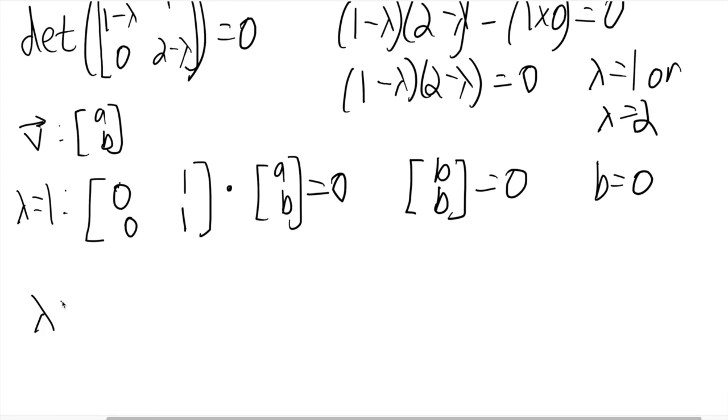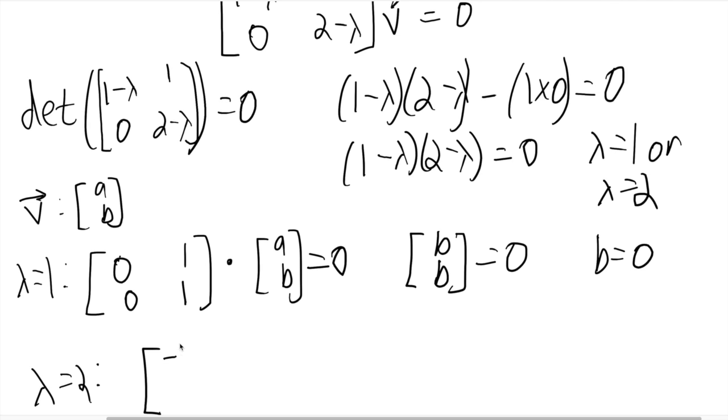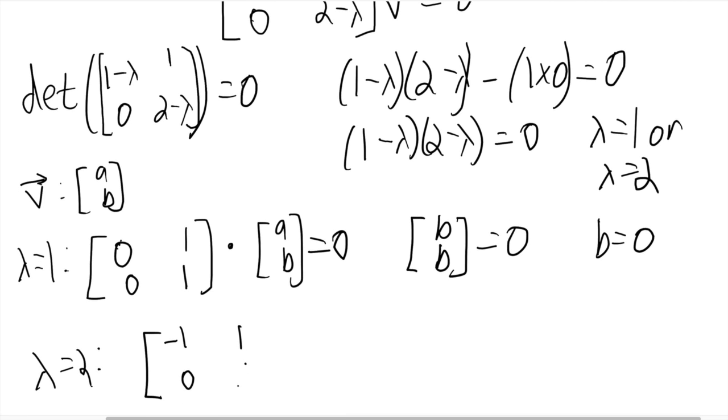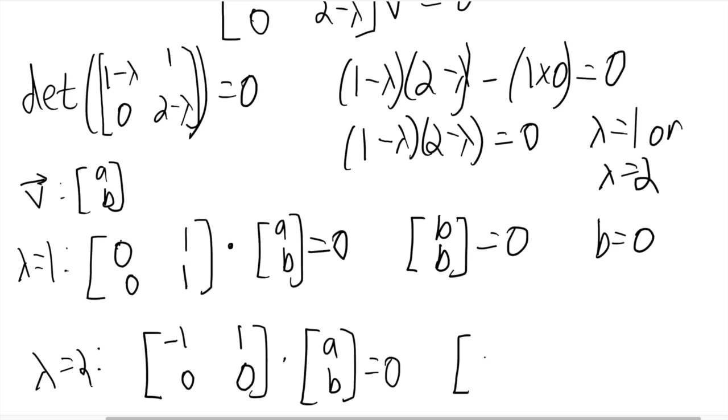If we set lambda equal to 2, we will get minus 1, 1, 0, 0 multiplied by (a, b) is equal to 0. Carrying out the matrix multiplication will give us b minus a, 0 is equal to 0, 0.